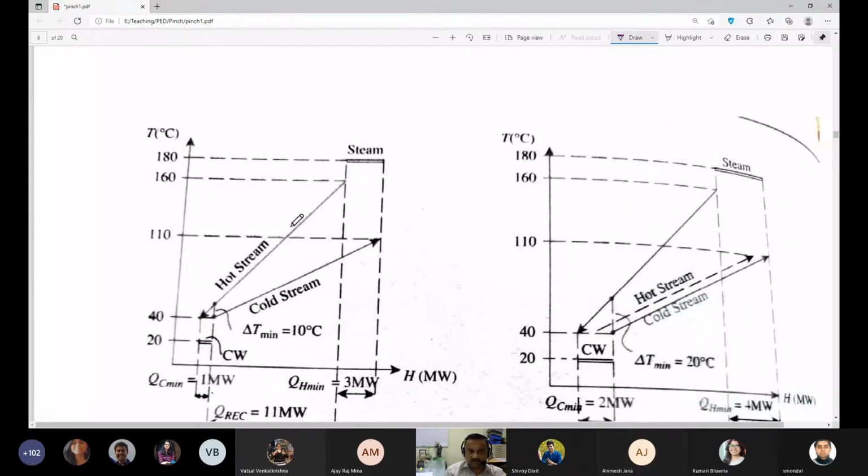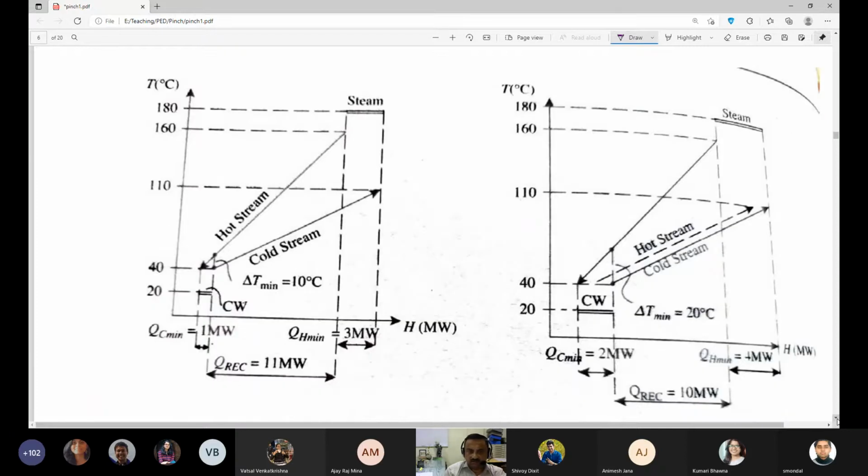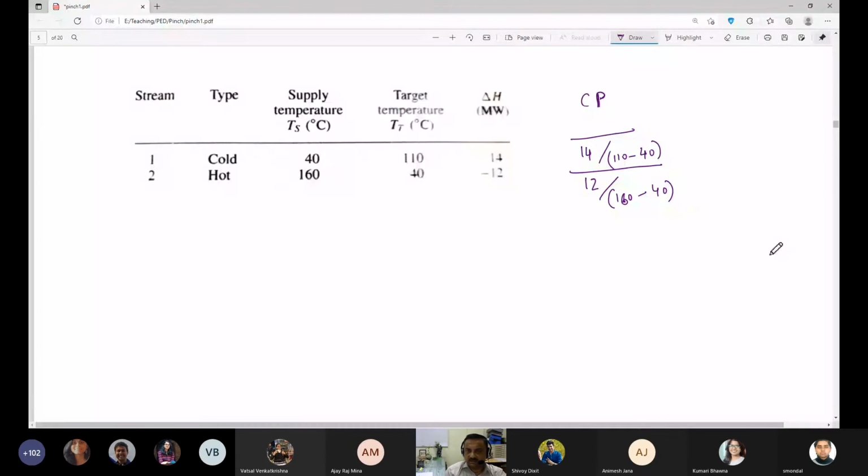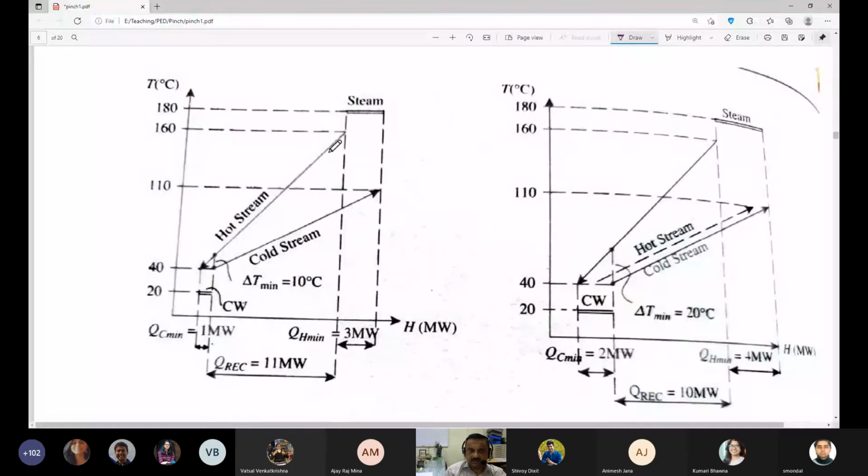We need the CP values to plot this T versus H, and those are available from this information. You can consider them to be linear and generate these lines.